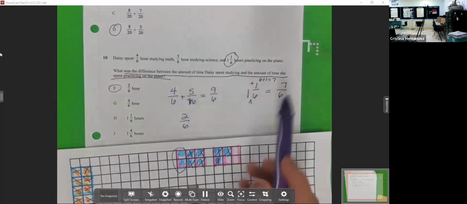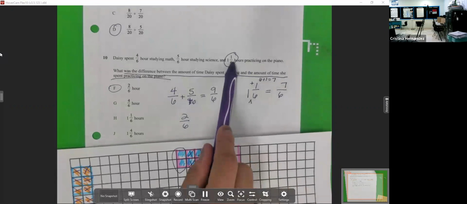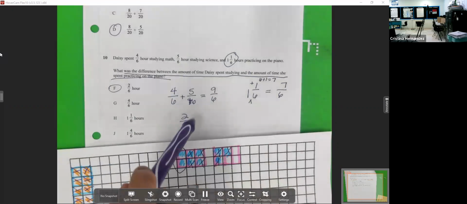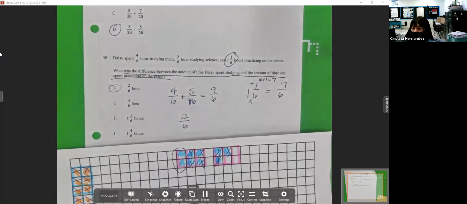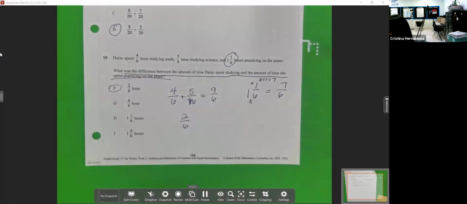So did you draw both pictures? Is what you're saying? You drew 1/6, and then you drew 9/6. Is that what you're saying? Yeah. Oh, okay. I guess you could have done it. You drew them out that way, and then you got rid of whatever you had to get rid of. But okay. Anyways, I got the same. Is that it? That's it, isn't it?